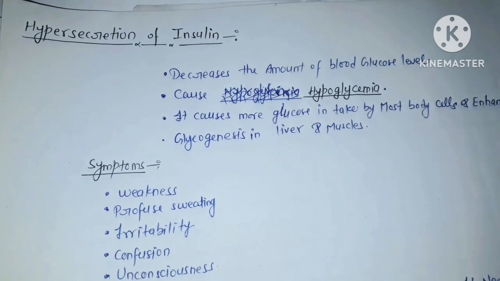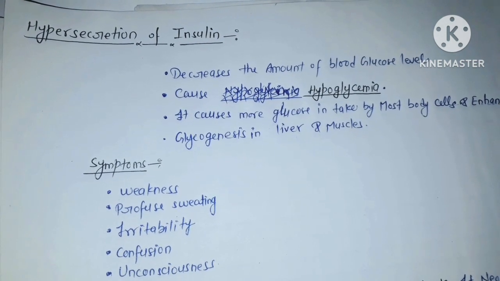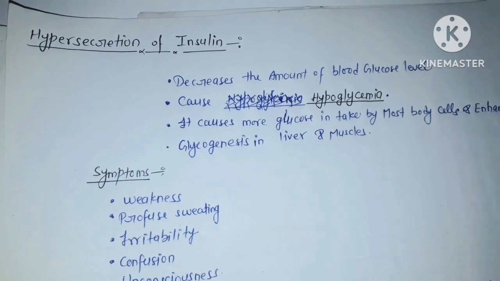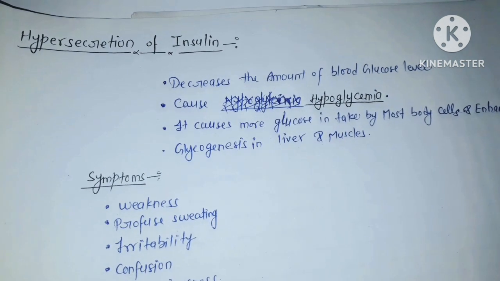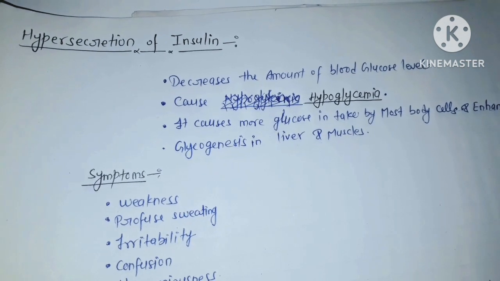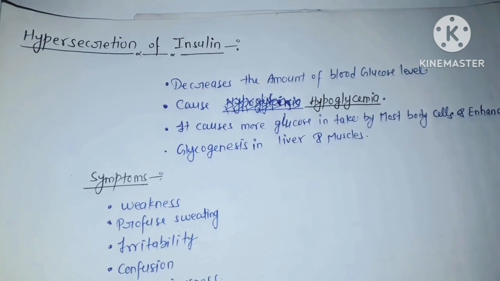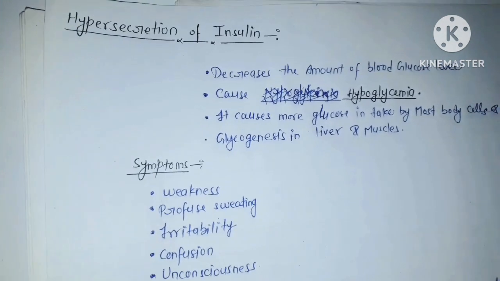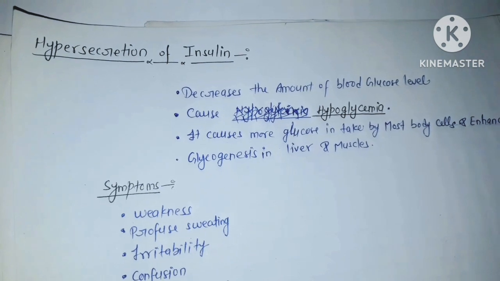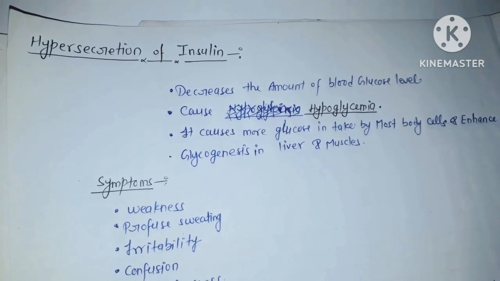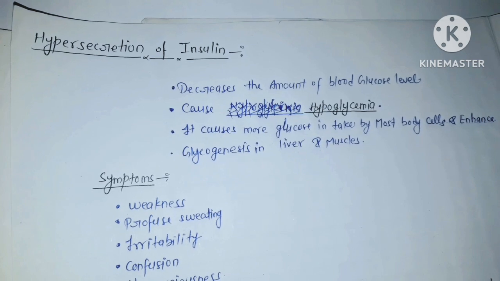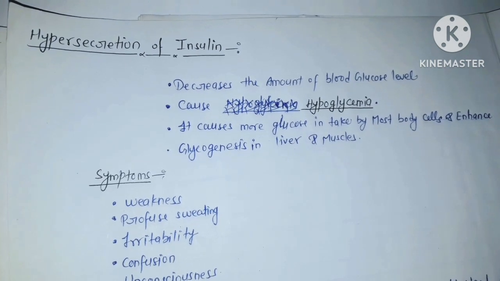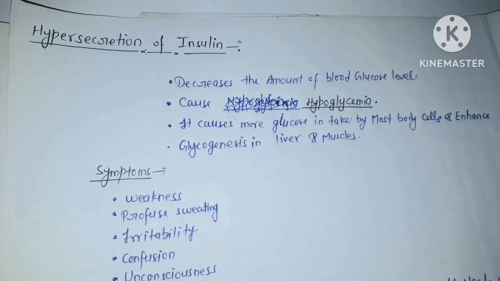So first of all, I will talk about insulin. Insulin is a type of protein hormone formed by 51 amino acids. It is secreted by the beta cells of the islets of Langerhans, and it is secreted in an inactive form, that is proinsulin.